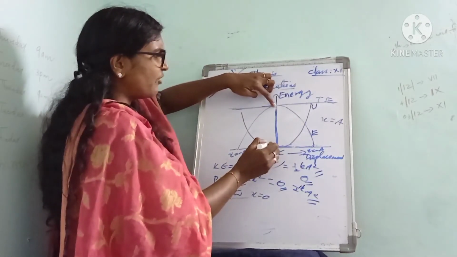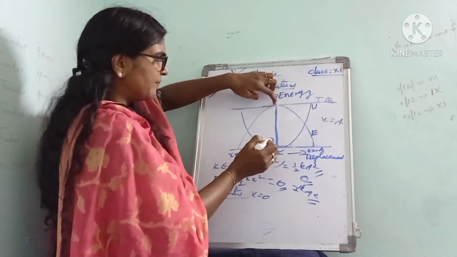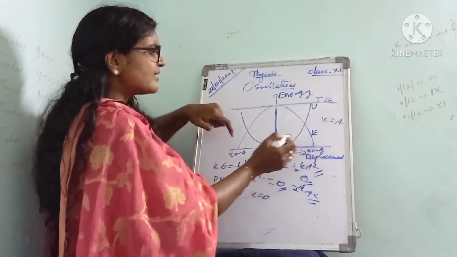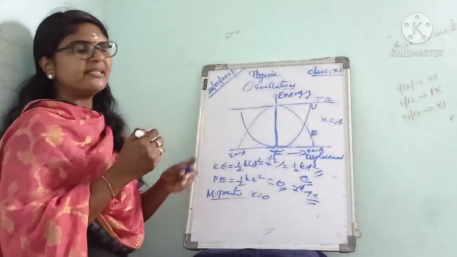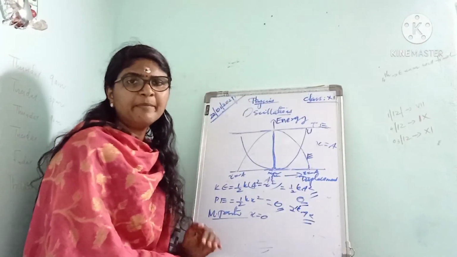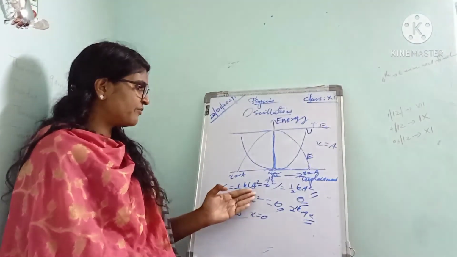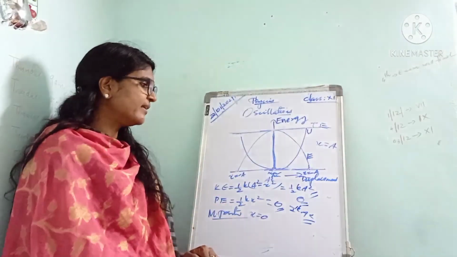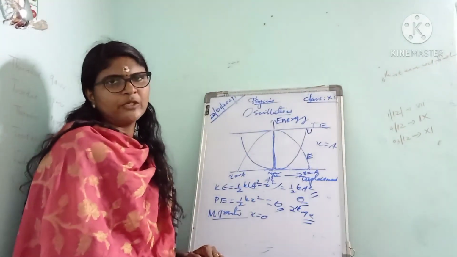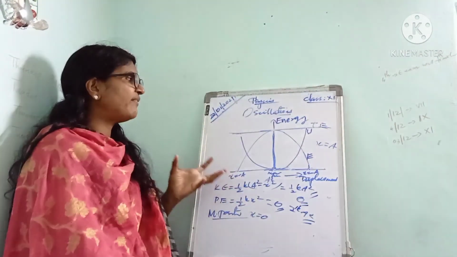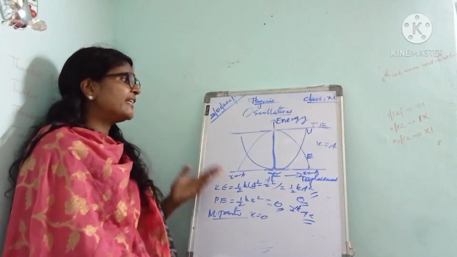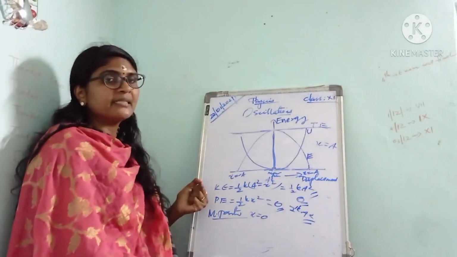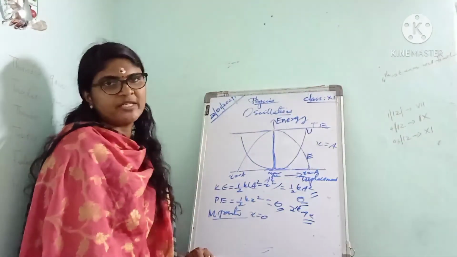The kinetic energy is maximum at the mean position, but at the extreme position it has 0 kinetic energy. That is about the variation of potential energy, kinetic energy and total energy with the displacement of a particle executing simple harmonic motion.